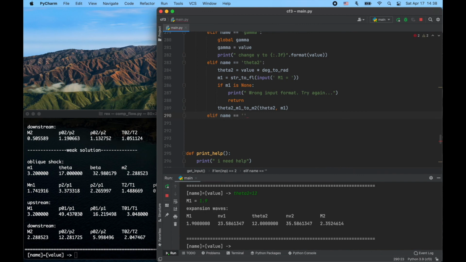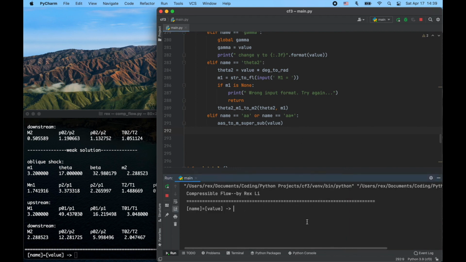I'm just going to print all of them from here. And let's give it a try. So if A/A star is, it has to be larger than 1, so maybe 2. Yeah, it gives us the quasi 1D solution.